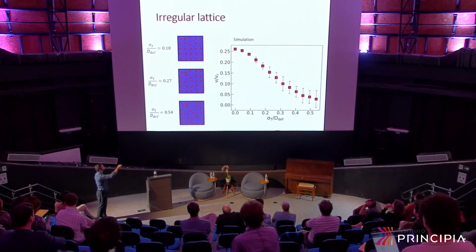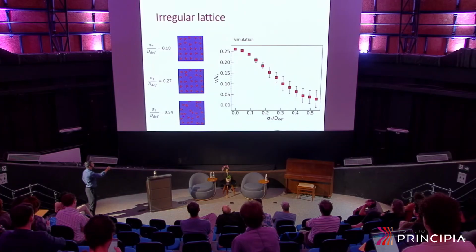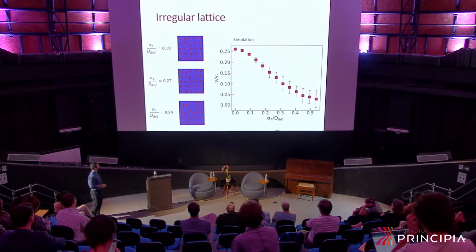So we do need ordered square lattices to have the pumping effect. If you have a disordered one like this one, the flow doesn't have a clear, easy direction.